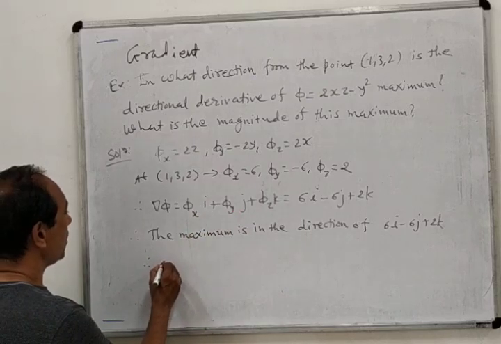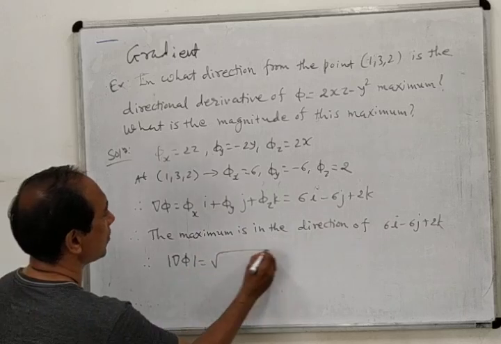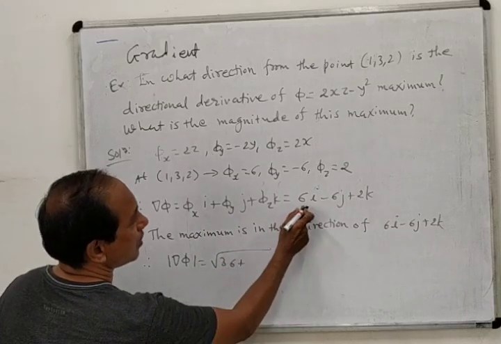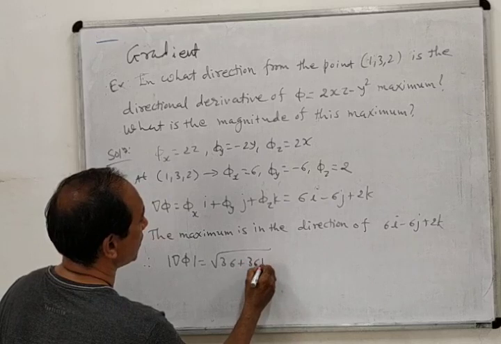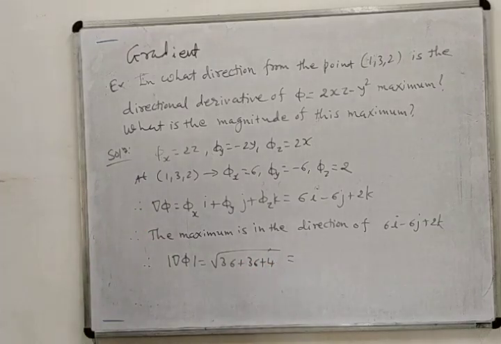The magnitude of the maximum is nothing but modulus grad phi, which is square root of 36 plus 36 plus 4, so this is square root of 76. You can write down this value and do the example. So all of you note down this example also.